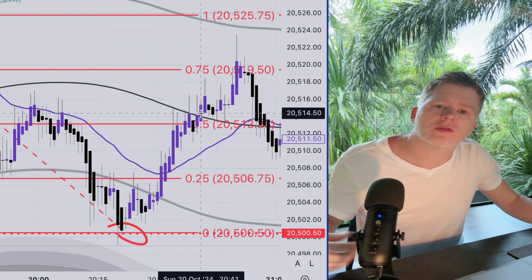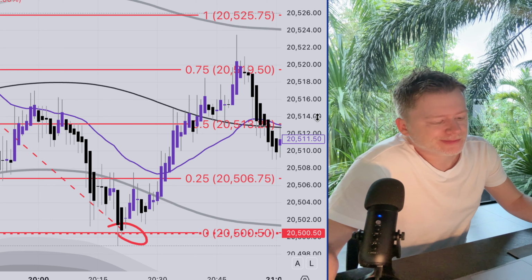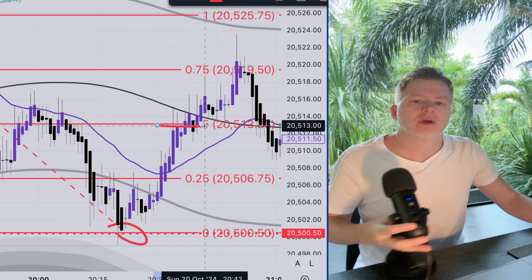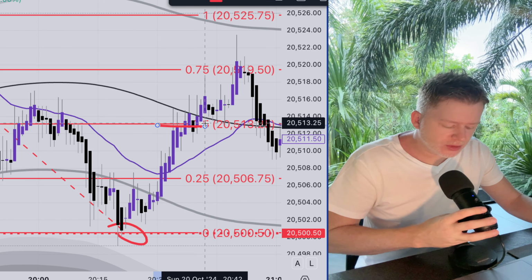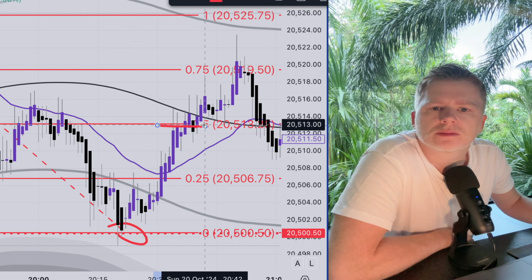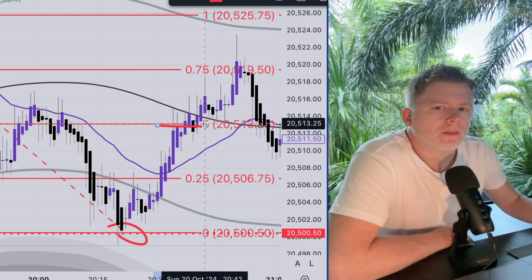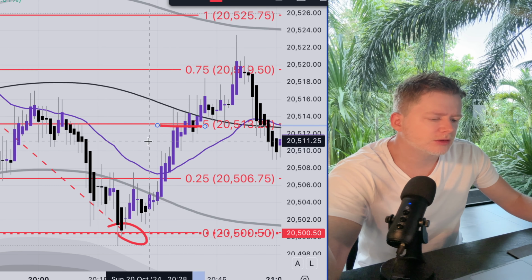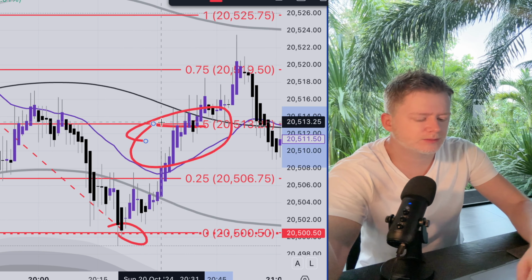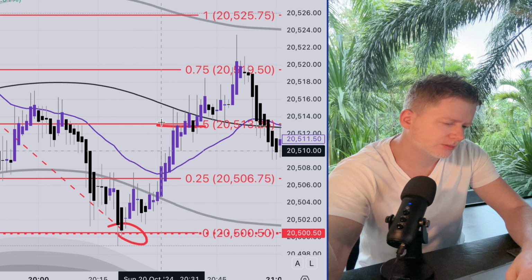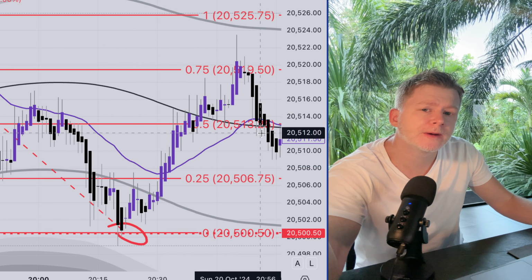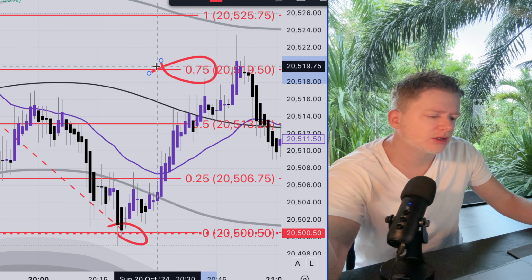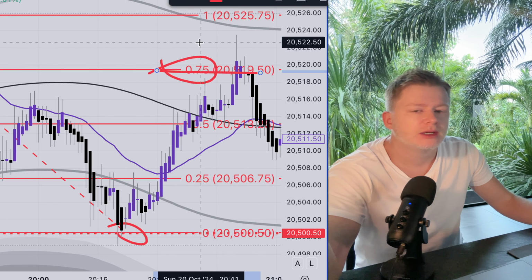And your first profit target, TP1, is the 50% retracement level. TP2 is the 75% retracement level, and you can see it got hit.